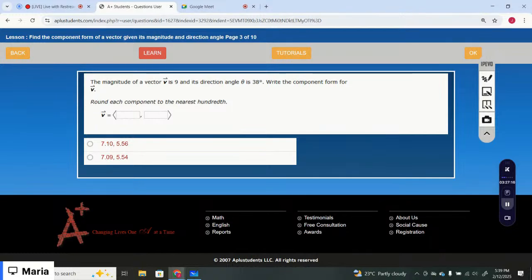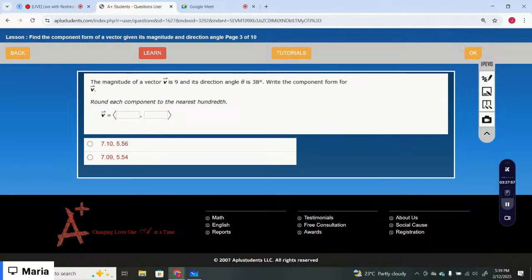The magnitude of a vector V is 9 and its direction angle theta is 38 degrees. Write the component form of vector V. So you have to do 9 cos 38 degrees.